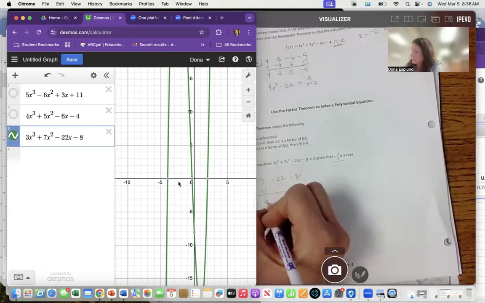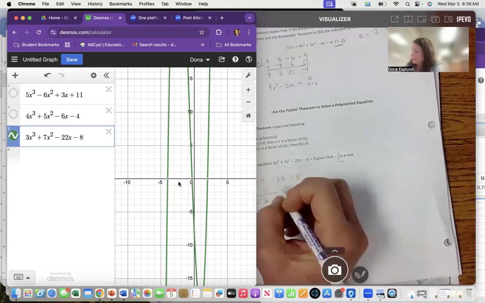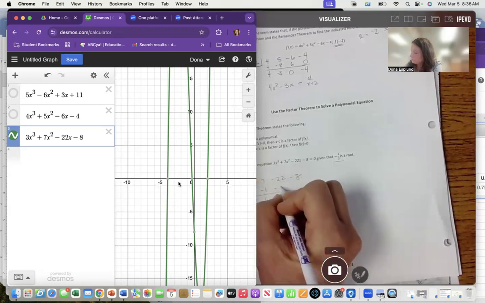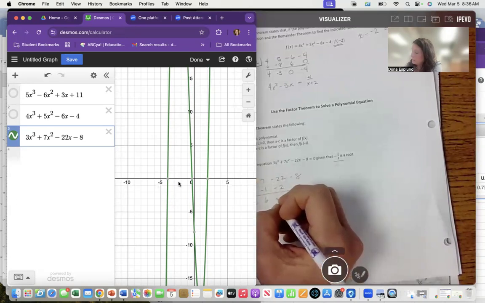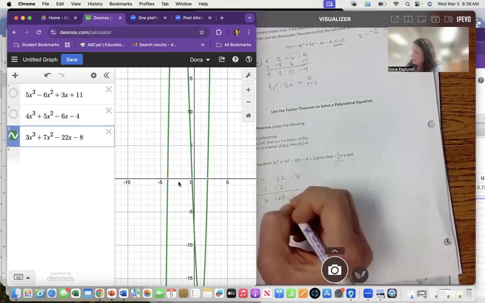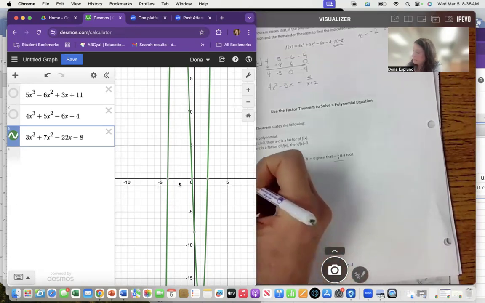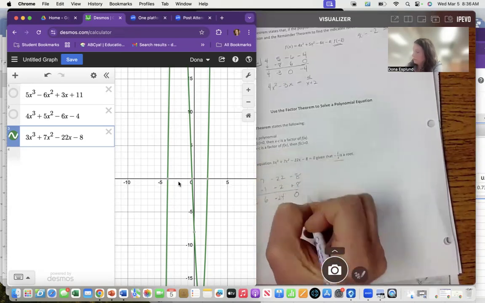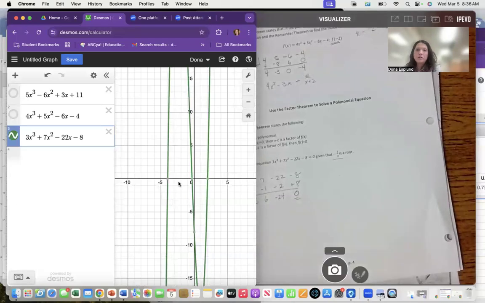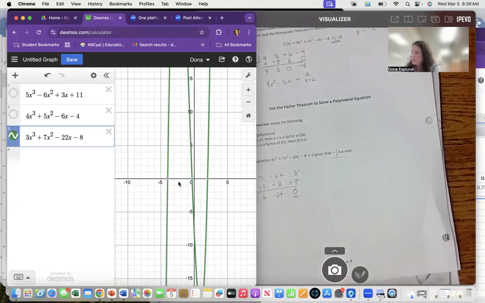That's going to be 6. 6 times negative 1/3 should be a negative 2. And so then I'm going to drop down a negative 24. And then when I take negative 24 times negative 1/3, that's just going to be a positive 8, and I get 0.